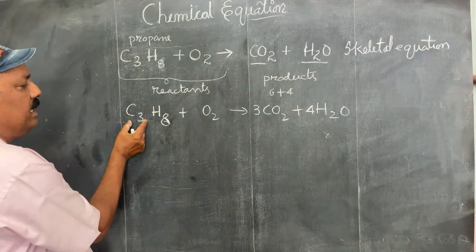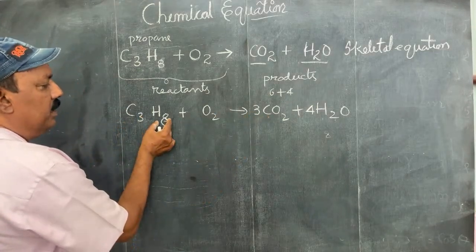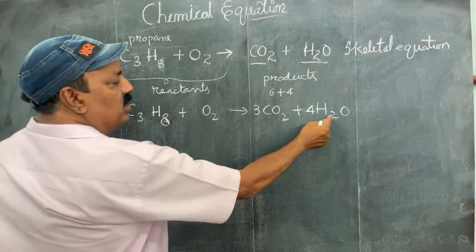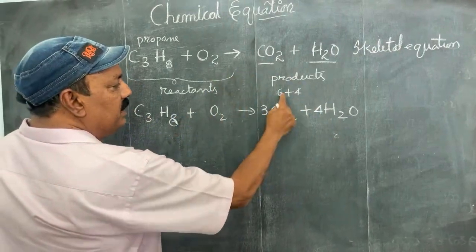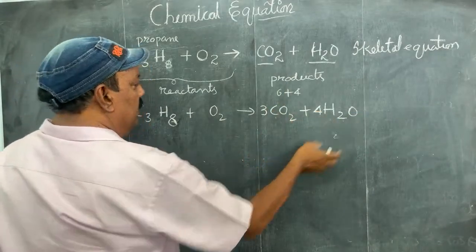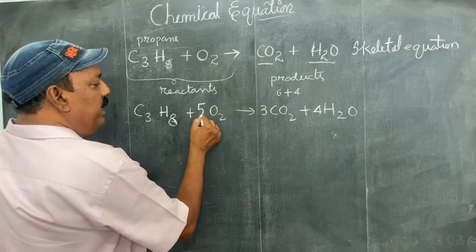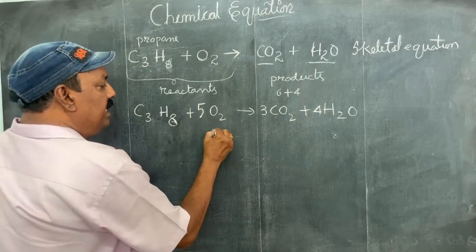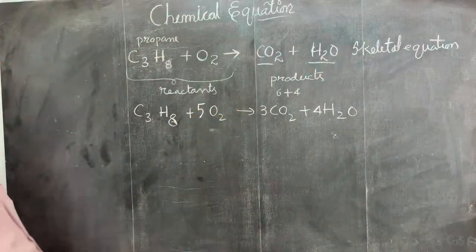Carbon is already balanced, hydrogen is balanced. Now oxygen has to be balanced. There are 6 oxygens and 4 oxygens. How to balance? Just put 5 here. 5 times 2 is 10, so 10 oxygens here and 10 oxygens there. Now it is completely balanced.